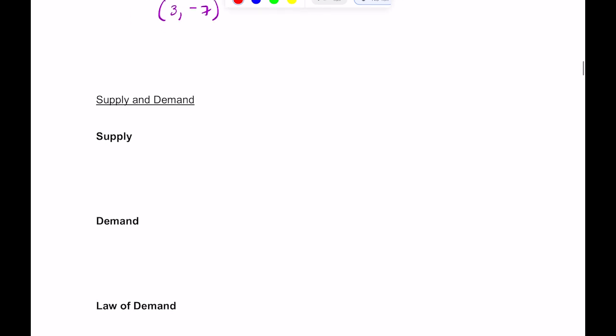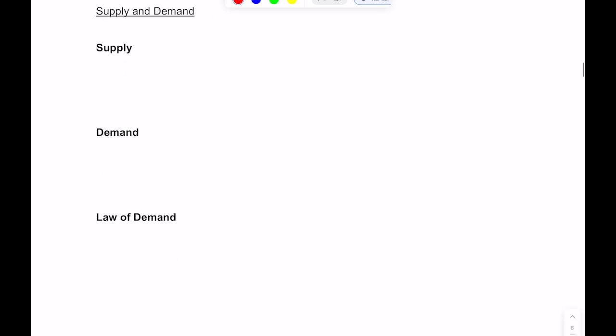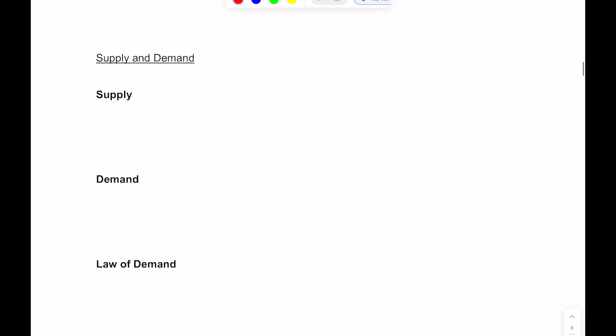Let's talk about supply and demand. So this is a business application, right? And we are in business calculus, so we'll see applications where we're looking at business. Supply, demand, the law of demand and the law of supply are things you may have heard of before, but if not, let's define some of these words.